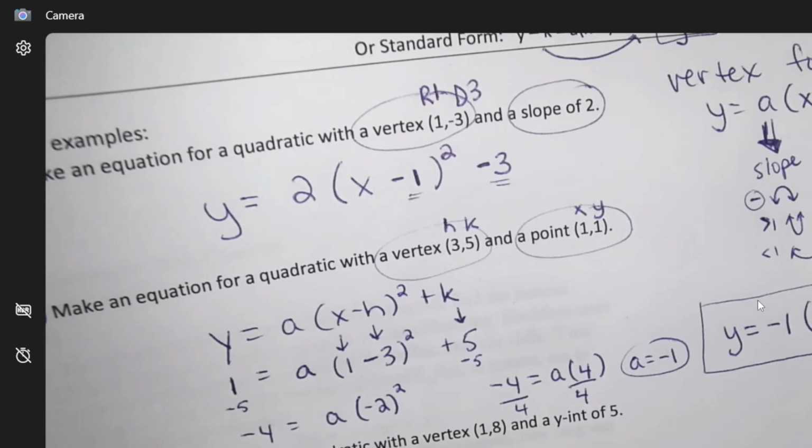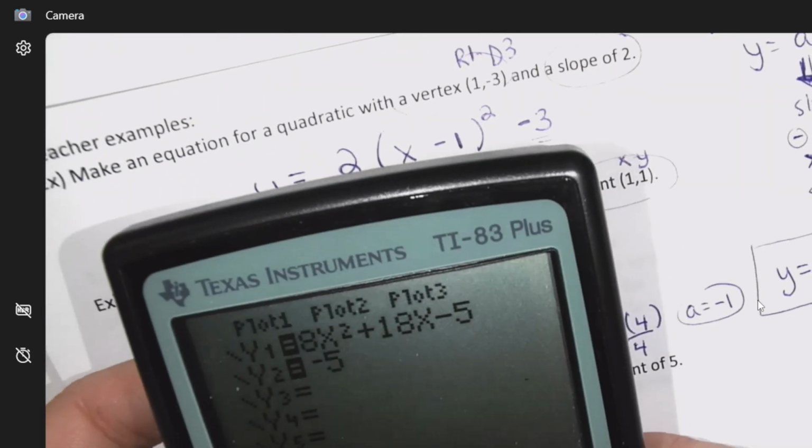Okay, let's pretend this was my test. What would I do if this was my test? I would check to see if my answer is correct. How would I do that? Well, I would just enter this in.